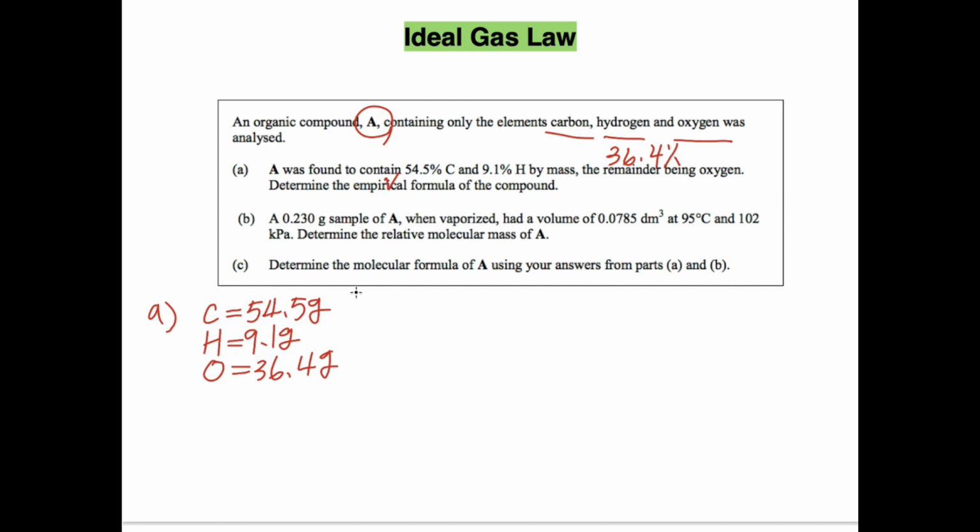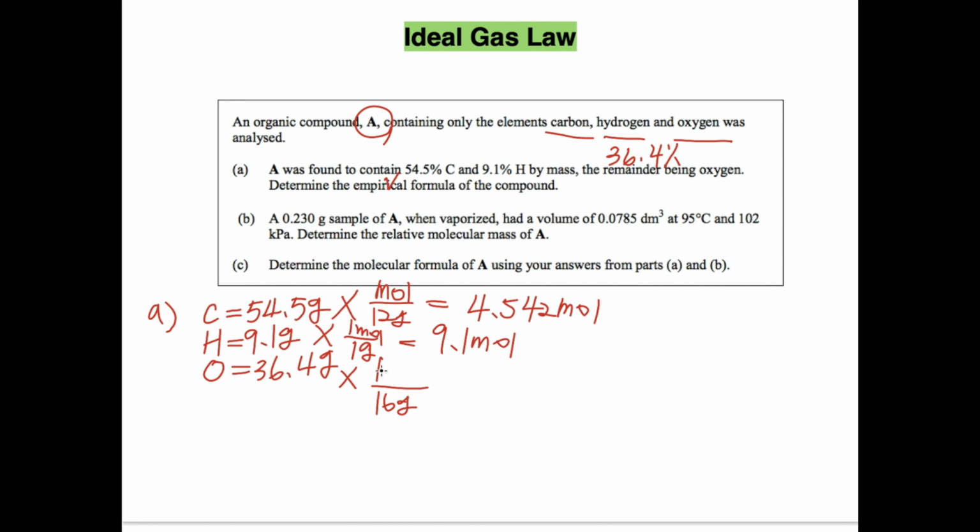So I'm going to divide each mass by its molar mass. This is going to be 12 grams, so 4.542 moles. 1 here, and 9.1 moles. And the molar mass of oxygen is 16, so this is going to be 2.275 moles.